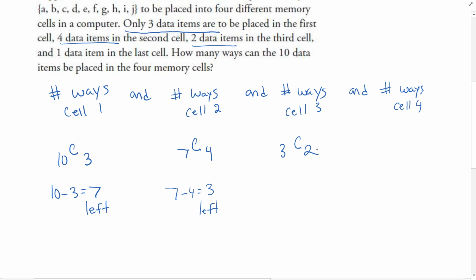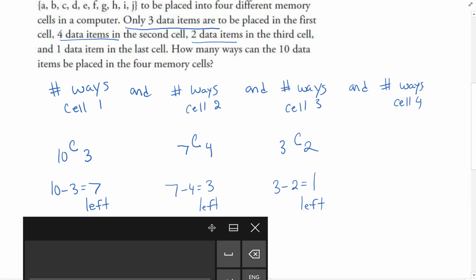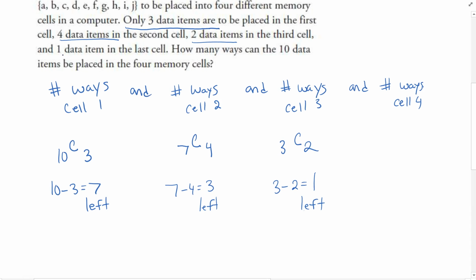So it's 3C2. Well, 3 minus 2, I'm only left with 1. So finally in cell 4, it says there's only 1 data item that can be placed there, and that would be 1C1.